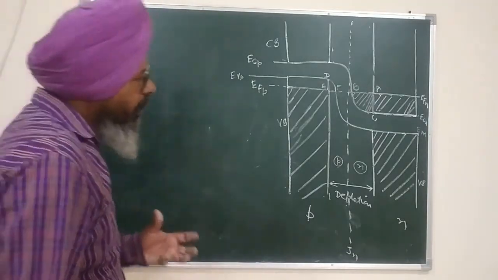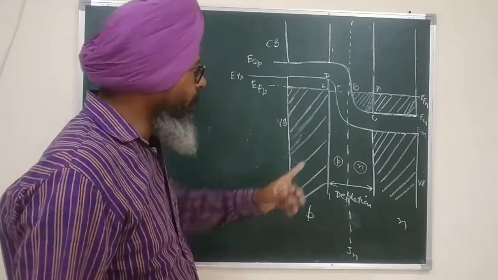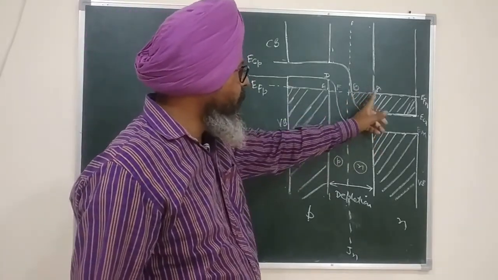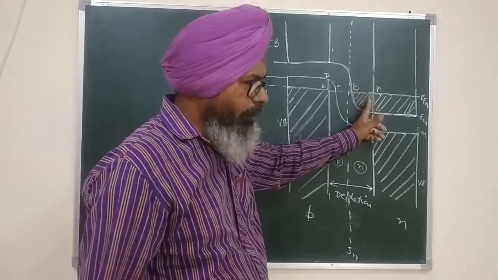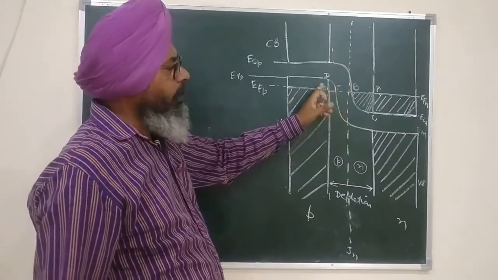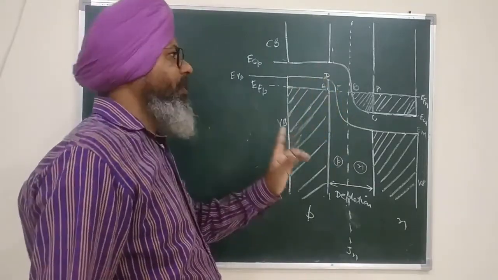It is again a part of acceptor band. So I am repeating, ABC is a part of donor band in the N region, and DEF is a part of acceptor band in the P region.